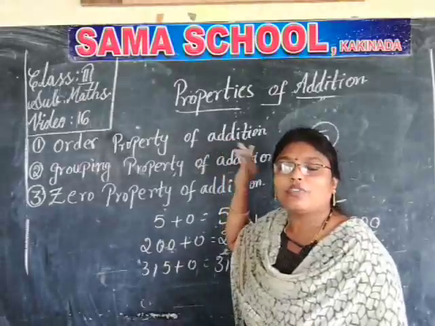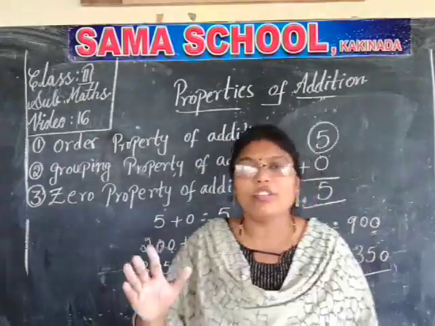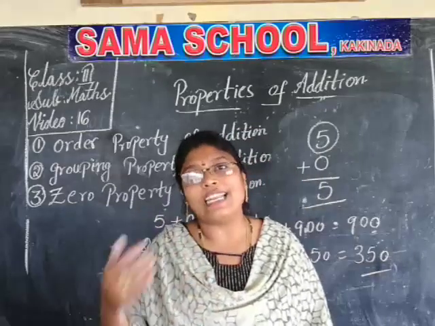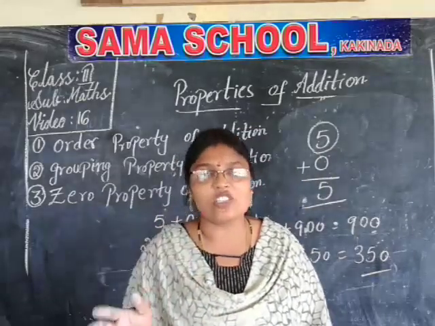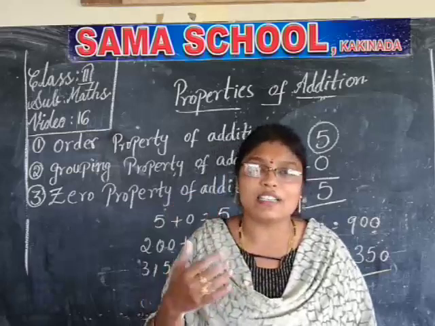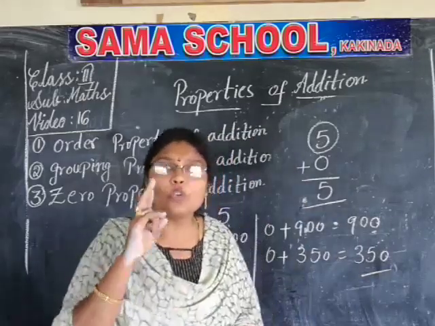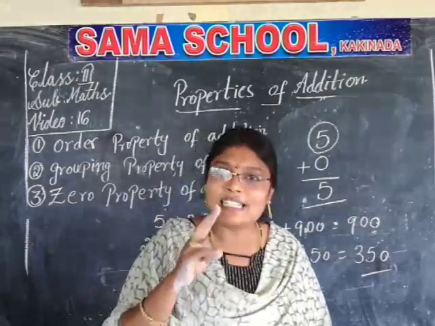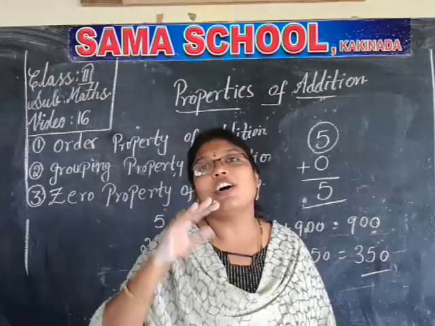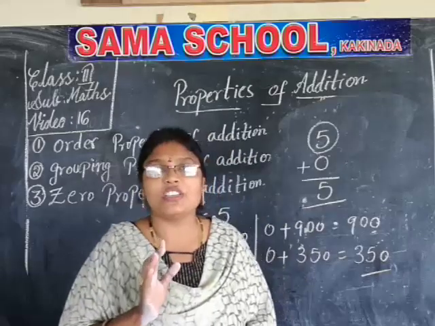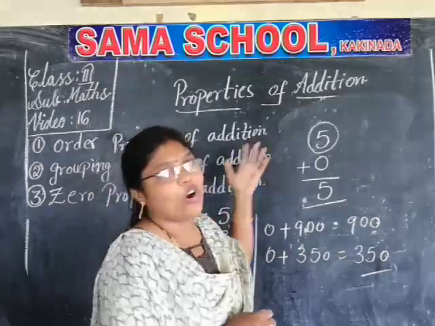Order property of addition means if the order of addends is changed, the sum remains the same. Do you understand? The sum of two numbers remains the same if the order is changed. That is called order property.